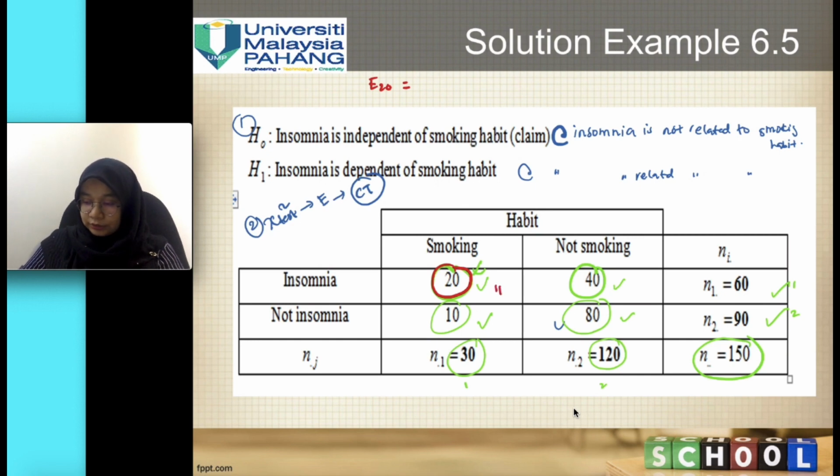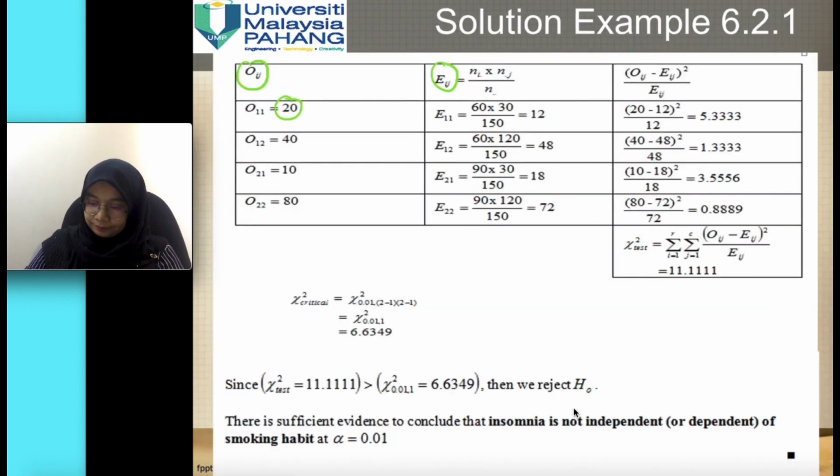So, total row 1, 60, times total column 1, 30, divided by total all, 150. You will get the E for 20 here. 12.